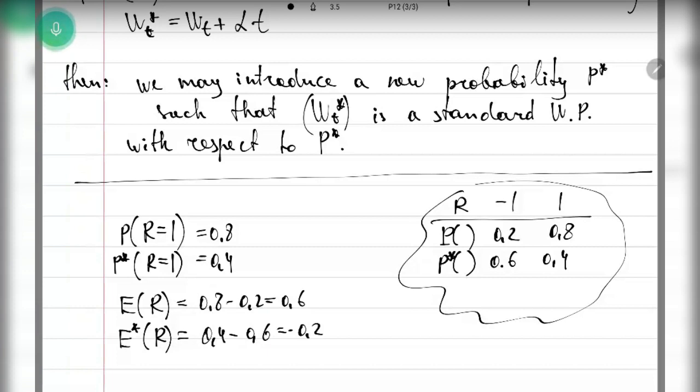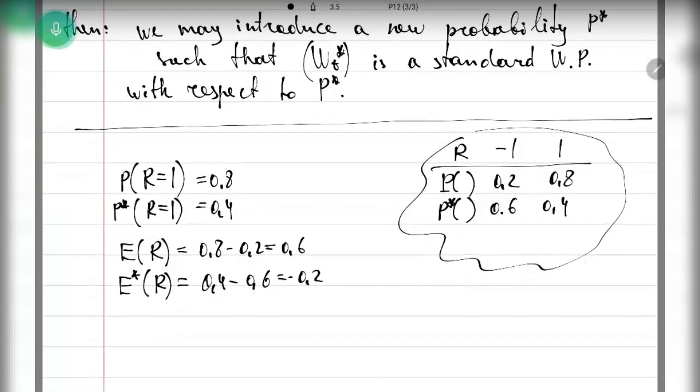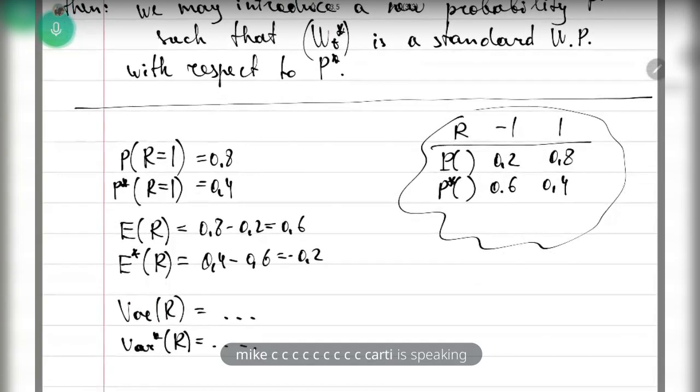And the law of distribution is different. You can calculate the variance, and you can calculate the variance star of R. All characteristics have two versions.